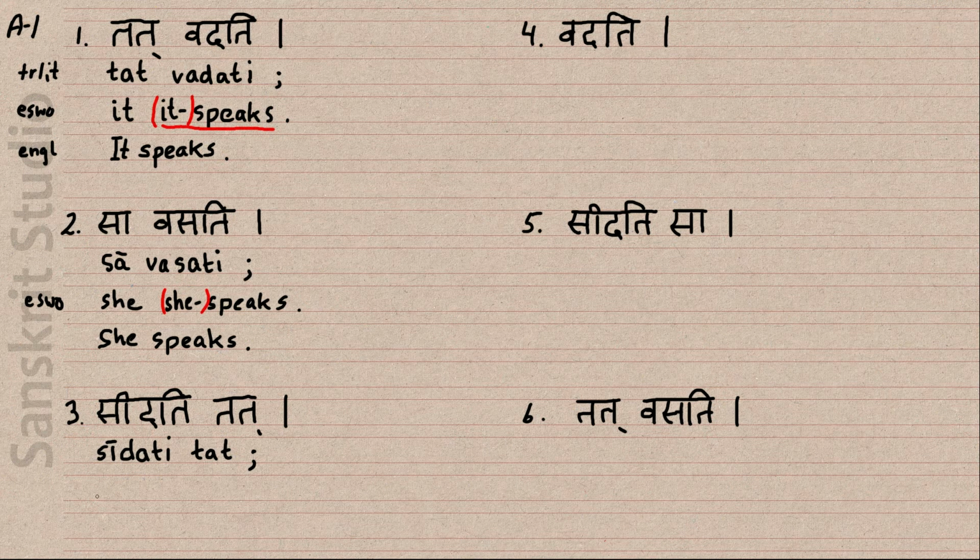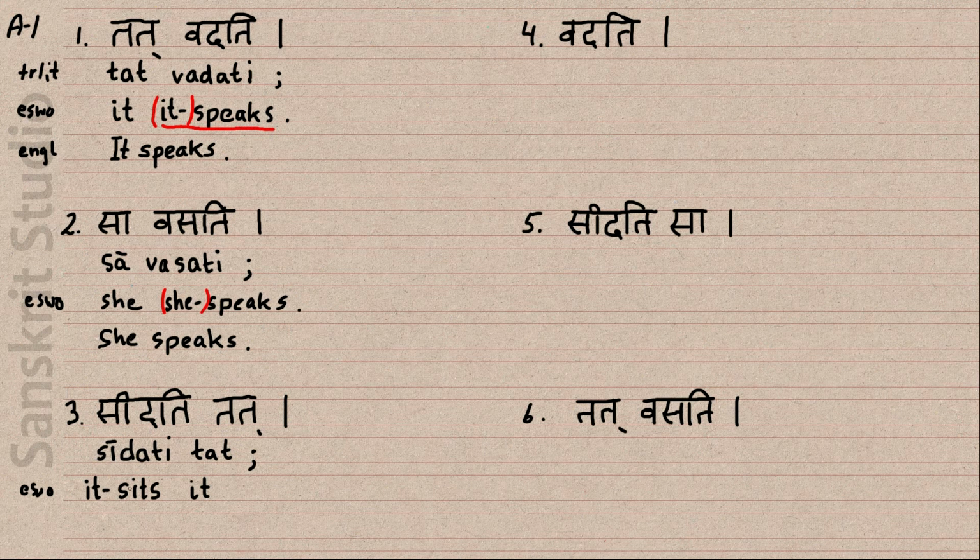All right, so we do our SWO line here. I'm just writing this here so we remember it. So vadati then, but then we have tat there also. So what we do here is that we'll translate this for now with it and make our implicit subject the it in vadati, it speaks, and then we just have the pronoun itself there.